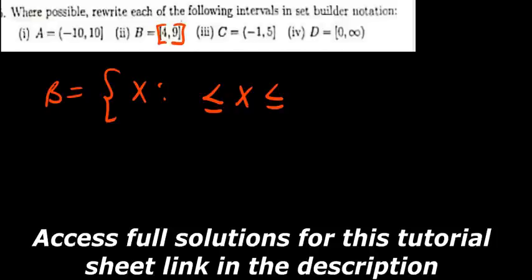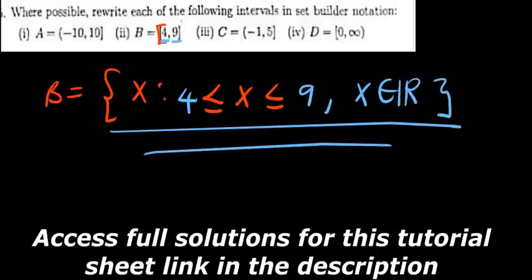Now you follow the numbers that you have. The number you have here, this 4, will be first here. The number on the right side will be here. Then comma, x is a member of all real numbers. I hope this is not hard.